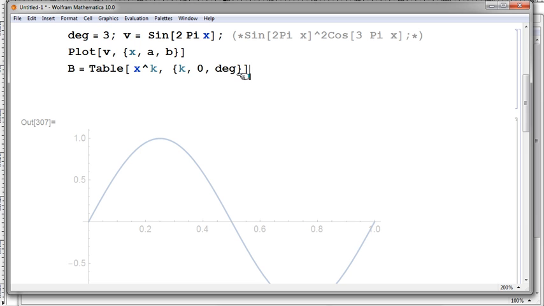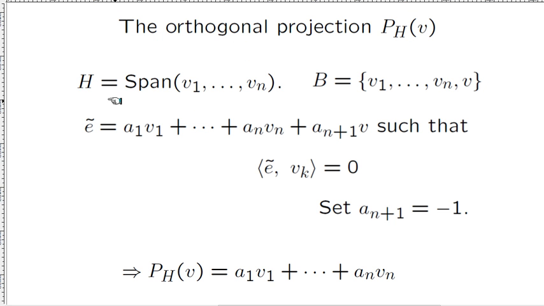Next thing we're going to do is generate the basis of h. Back to this slide, we're at this stage. H is the polynomials of degree up to 3, so we're generating the basis. In this case there are 4 elements in the basis, since polynomials of degree up to 3 have 4 elements.